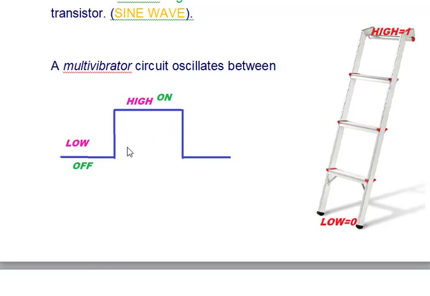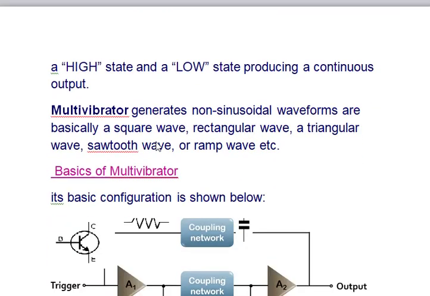When it is low, the output power is off; when it is high, the output power is on. A multivibrator generates non-sinusoidal waveforms, that is square wave, rectangular wave, triangular wave, sawtooth wave, and ramp waves.